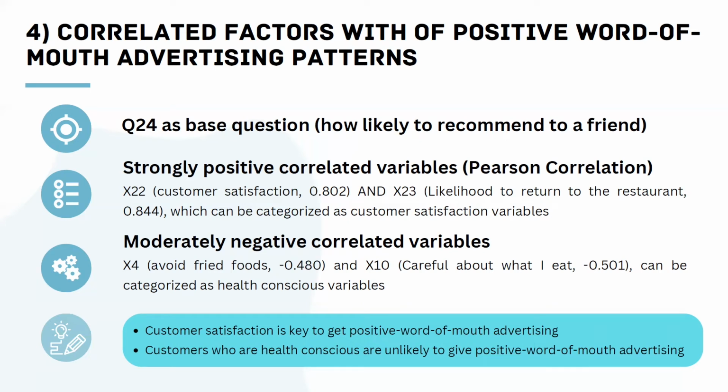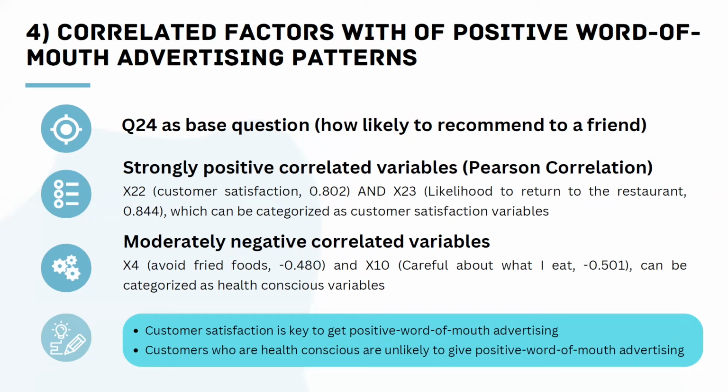Then we also saw some negatively correlated variables, which were X4, which is about avoiding fried foods, and X10, which was about people being careful about what they eat. X4 had a negative correlation of minus 0.48, and X10 had a negative correlation of minus 0.501. They could be classified as health conscious variables.